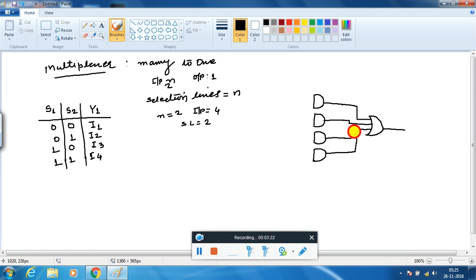So this is the output. Now this is the decoder circuit, and we have two selection lines, S1 and S2. So what we are doing? Again we are providing negated inputs to the inputs.